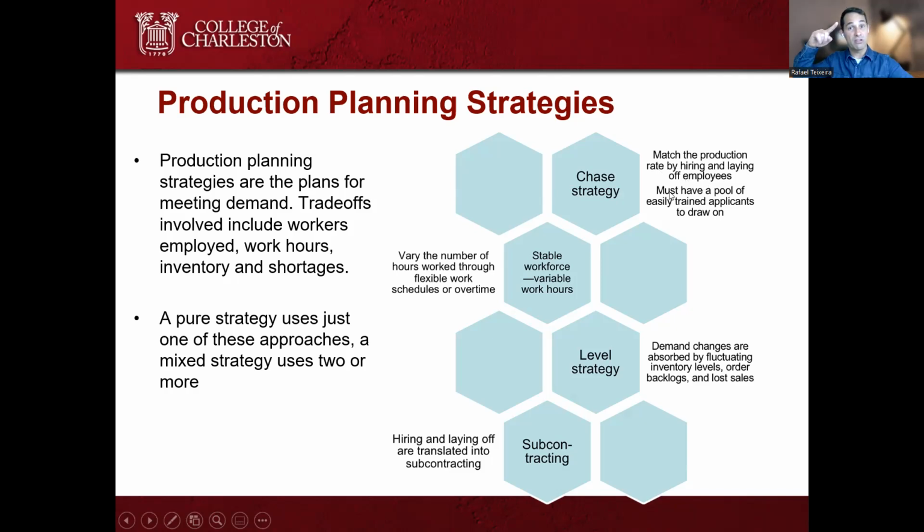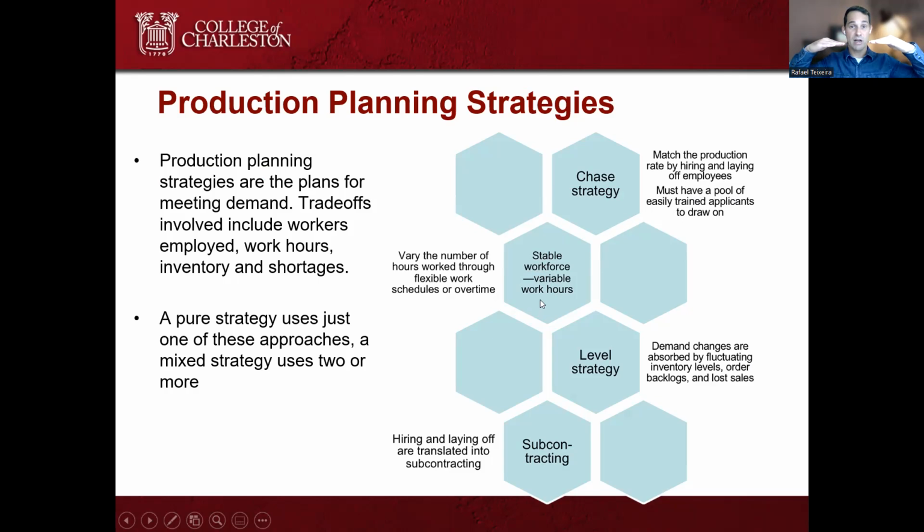So if demand increases, you hire more people. If the demand decreases, I lay off people. In this case, you must have a pool of easily trained applicants to put them to work very quickly. Next, stable workforce using variable work hours.